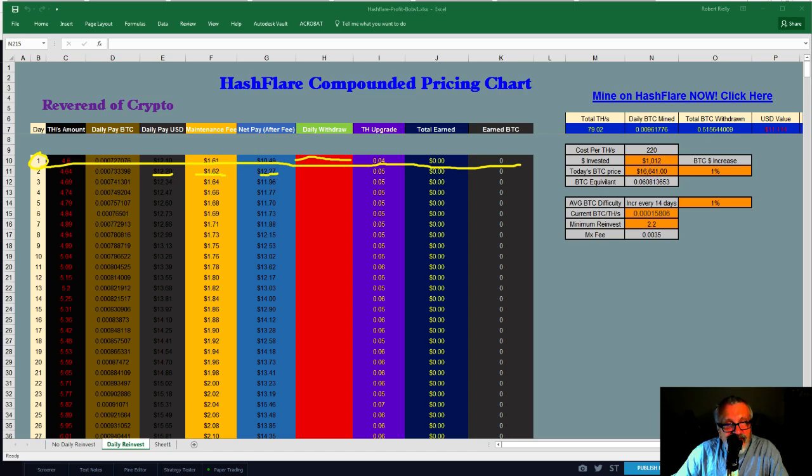If you have it on reinvest, that $12.27 will go right here. That's a new contract. You're still making your hash power here. See right here, you're still getting the same amount of hash power. They're combining the two, but this is one contract. This is one contract. This is one contract. So forth and so on, all the way down the line.